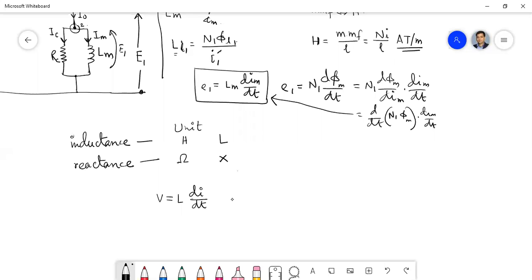So that means inductance basically doesn't allow the change in current. Inductance is such a property for which a coil doesn't allow any change in current.